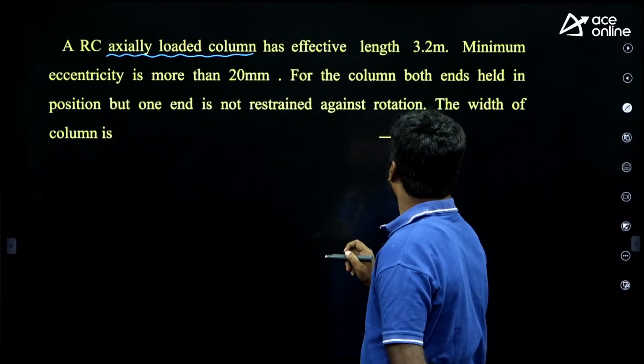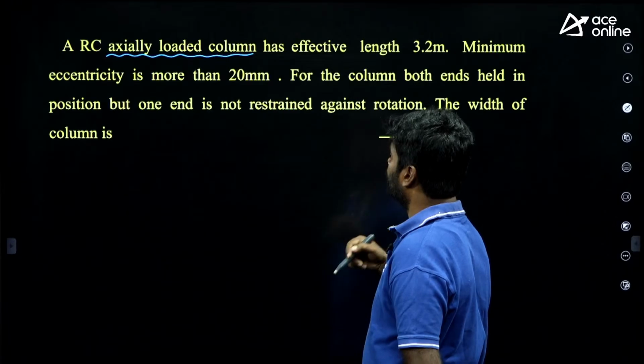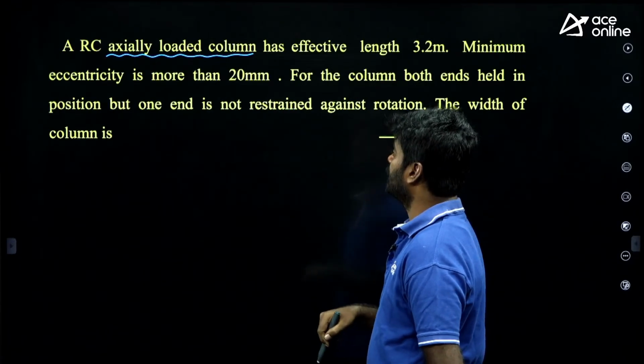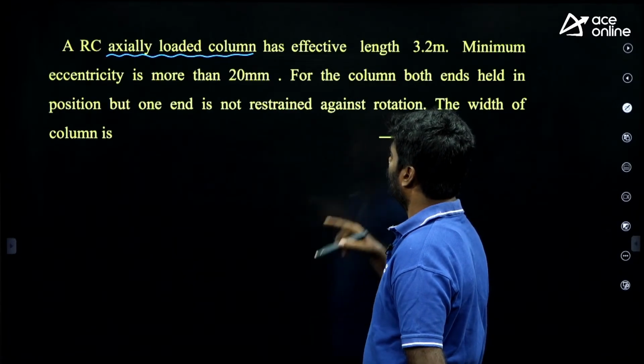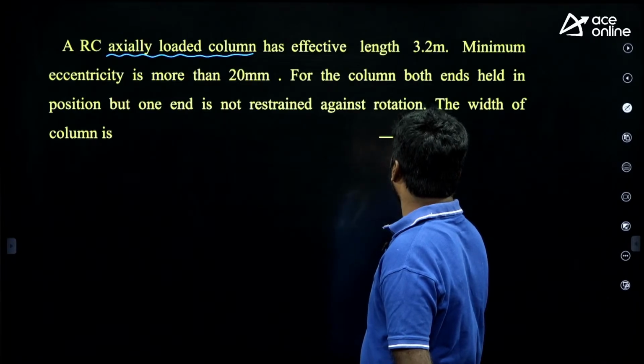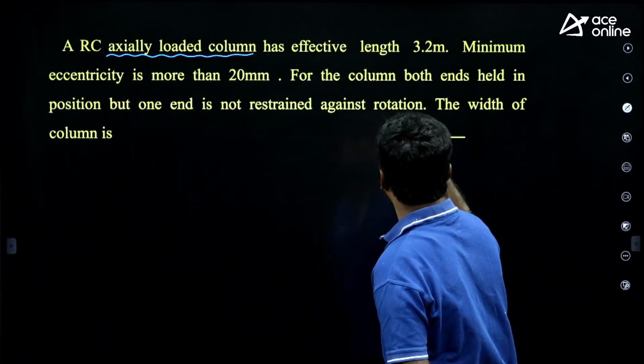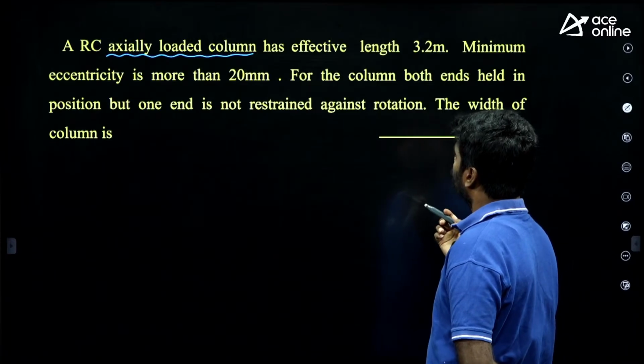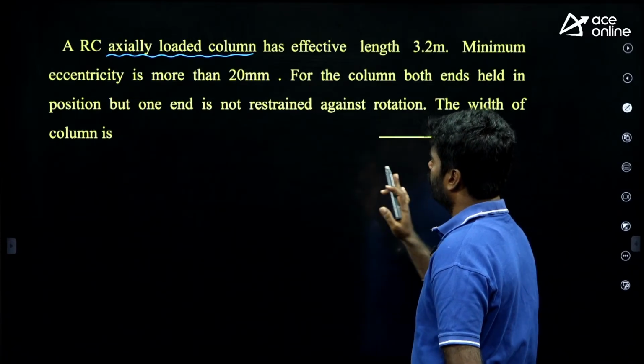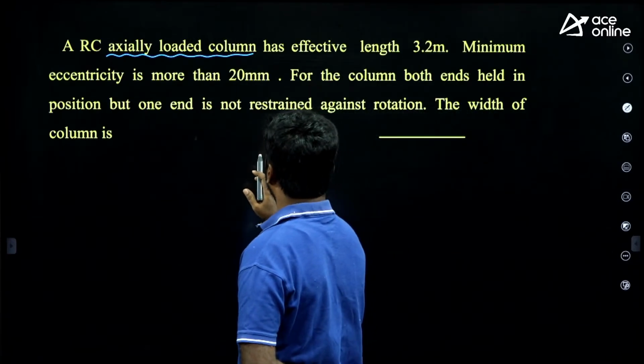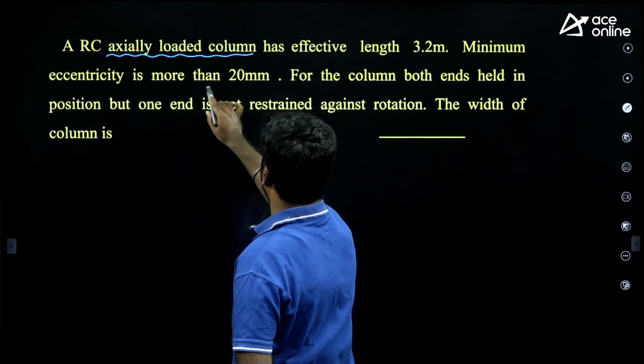Effective length is given, but to find minimum eccentricity, we want the unsupported length. Minimum eccentricity is more than 20 mm.